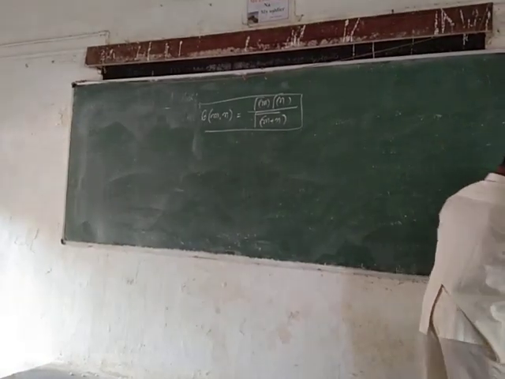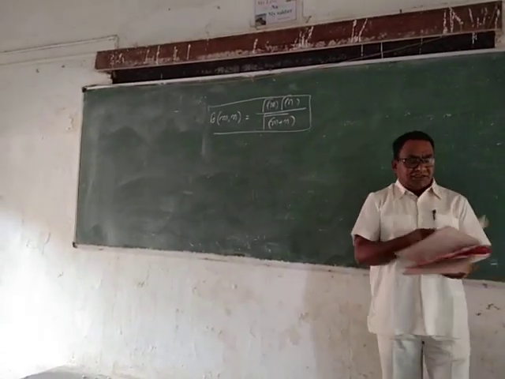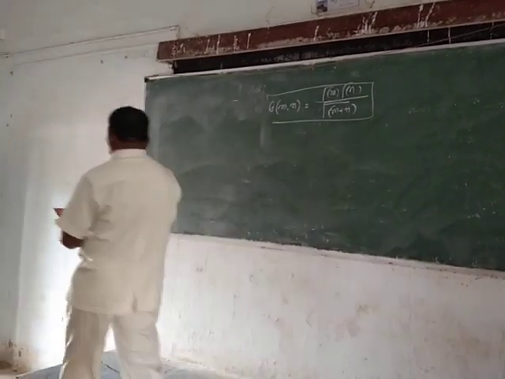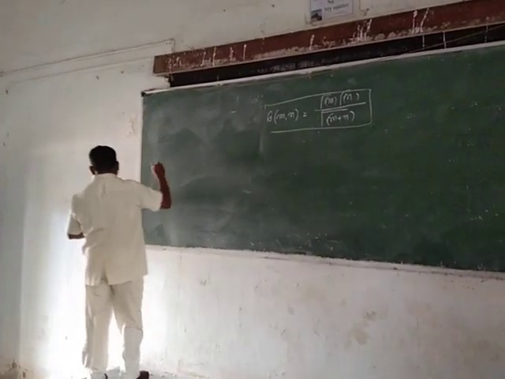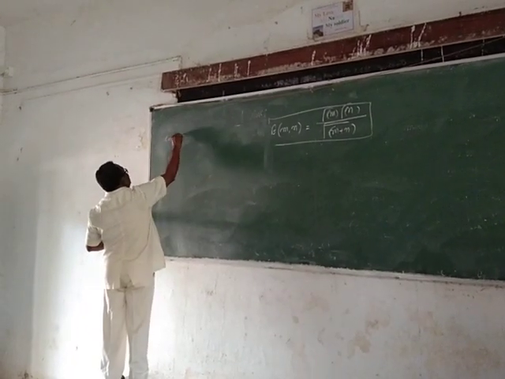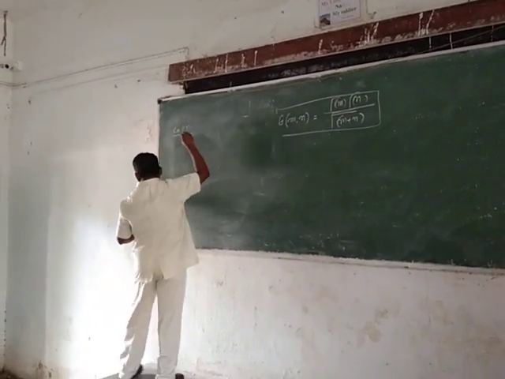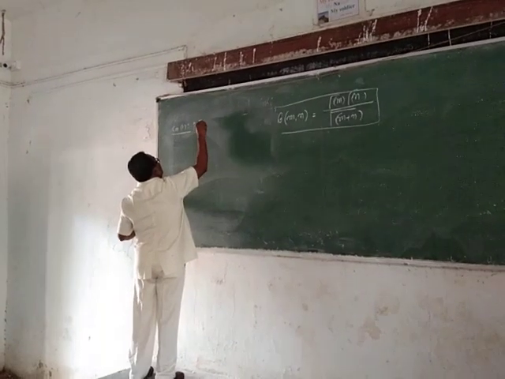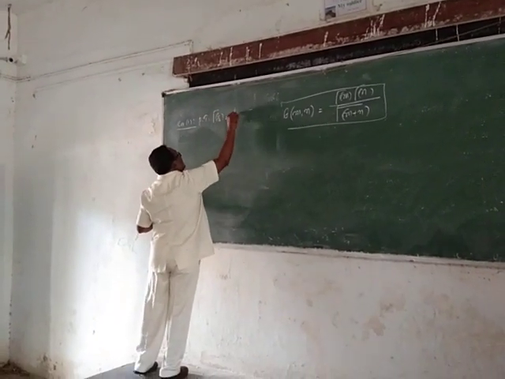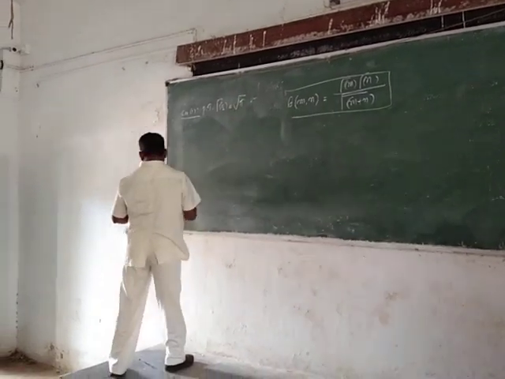As a corollary to this result, let us have one more important result. Corollary one: prove that gamma half is equal to root pi.